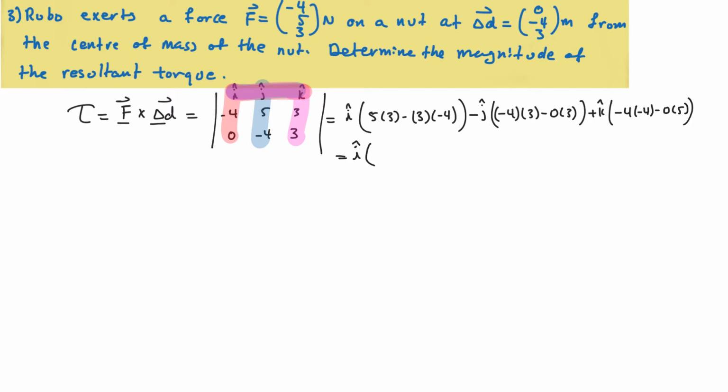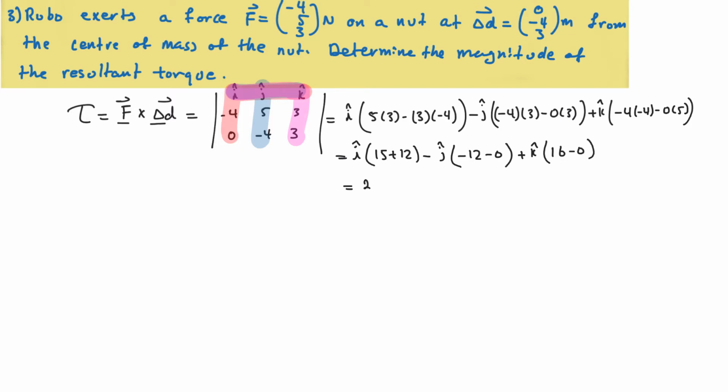I will then simplify. I will get 15, negative times a negative is positive, so I will get 12 here, minus j. I will get -4 times 3 is -12 minus 0, plus k. -4 times -4 is 16 minus 0.